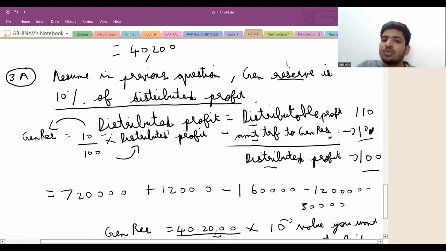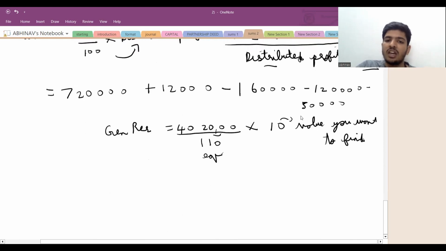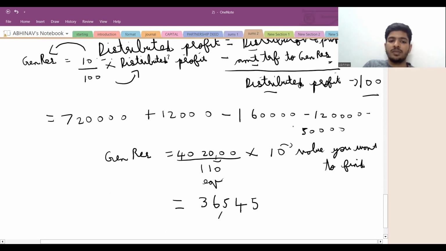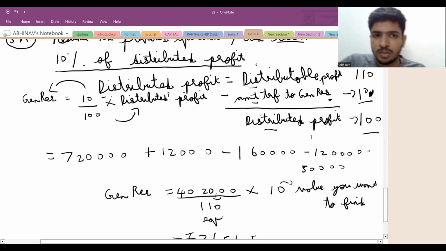You want to find general reserve, so the value you want to find is 10. So this is the sum. You get 36,545. This is the basic concept.